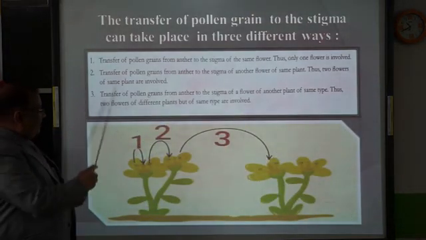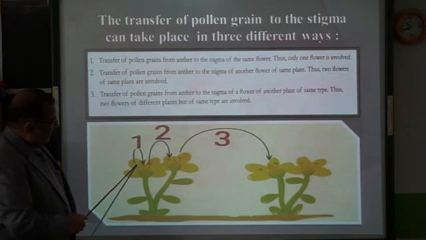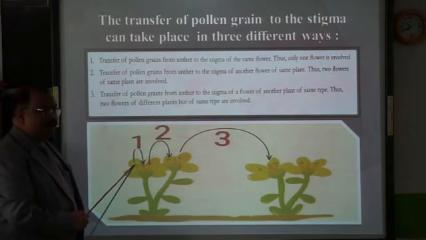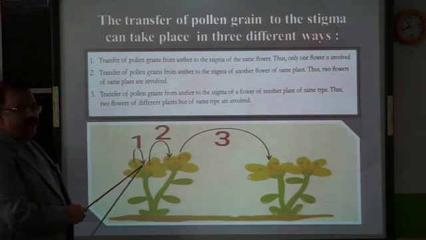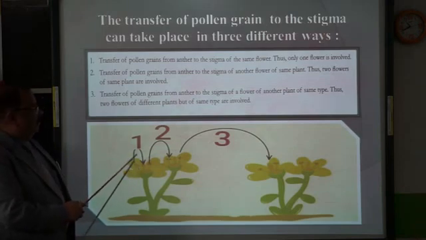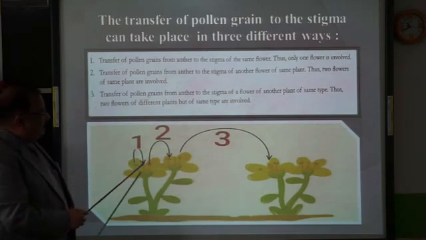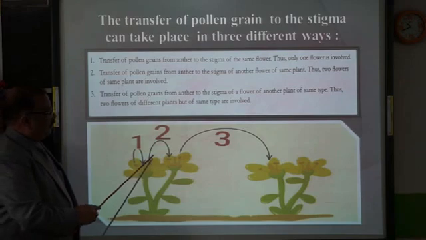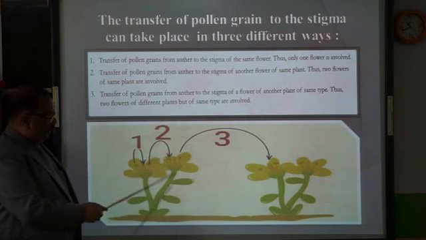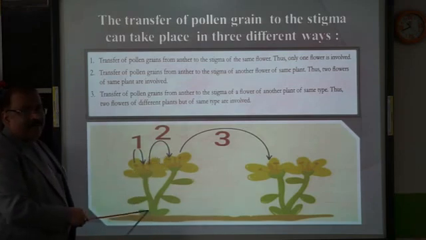This is number 1. Here you can see anther and stigma. So the pollen grains are transferred from anther to the stigma of the same flower. Number 2. Here from one flower to another, from anther to the stigma of another flower but of the same plant.